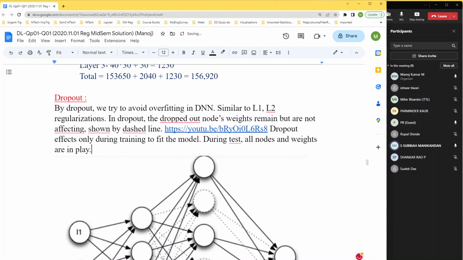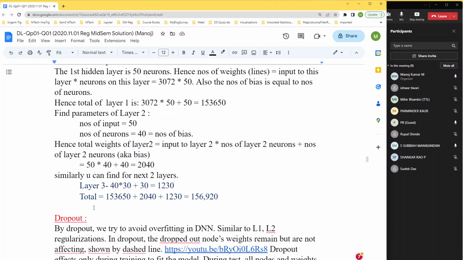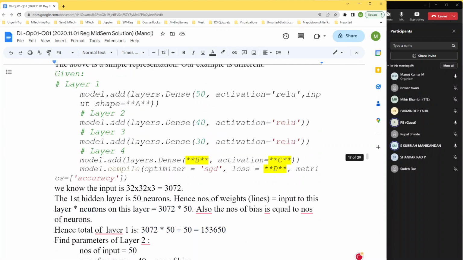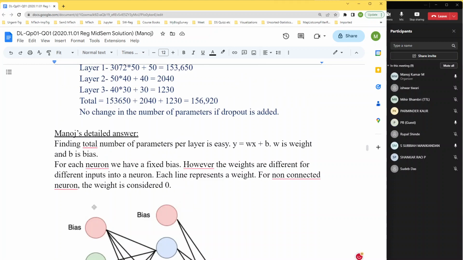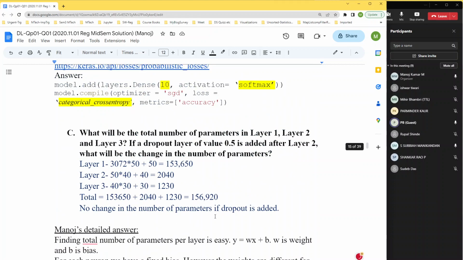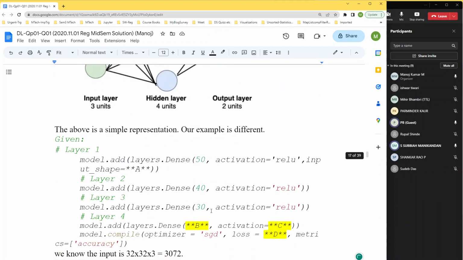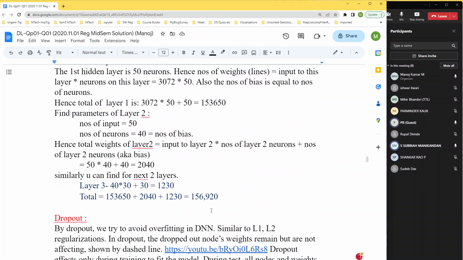So this question is specifically related to testing, is it? Or they haven't specified anything about testing? Yeah, so we have to say that once the model is trained, all the parameters are in place. Basically, the neurons are still in place, it is just disabled during the training phase, for each iteration some neurons will be disabled. 0.5 of the neurons will be disabled.